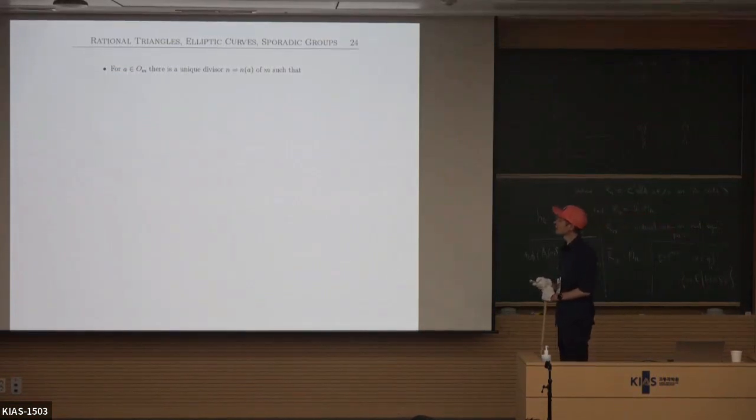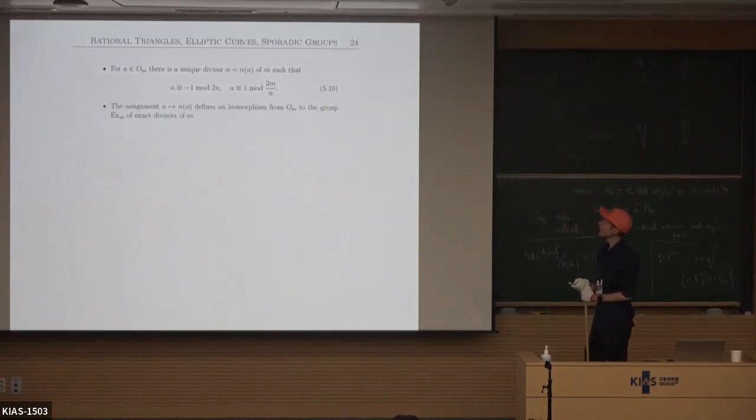Now, there's another way to think of this group OM. You can also think of it as the group of exact divisors of M. For every element of OM, there's a unique divisor of M satisfying these properties, and it turns out to be an exact divisor.